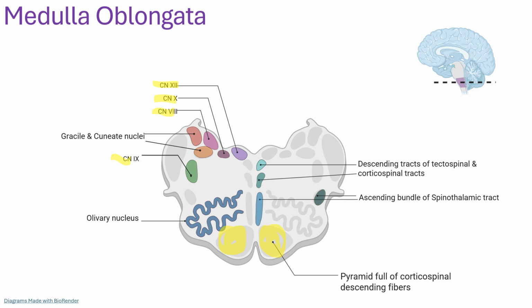There are other white matter tracts of the medulla oblongata, such as the sensory tracts of the conscious-carrying spinothalamic tract.